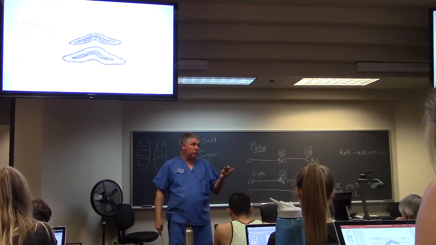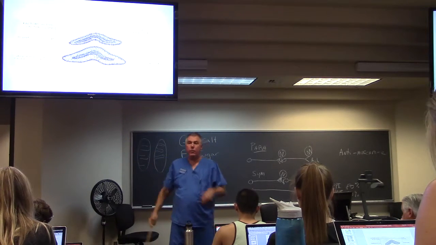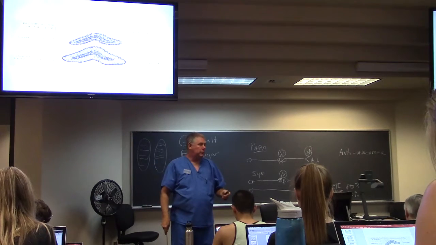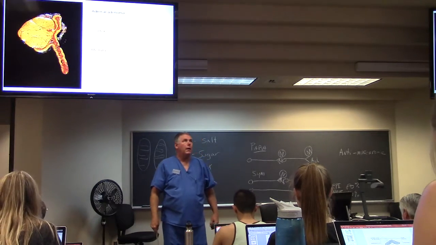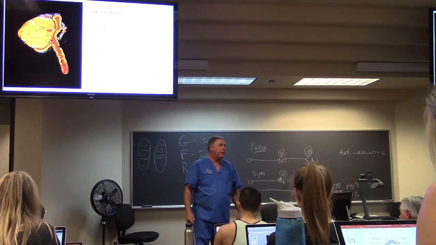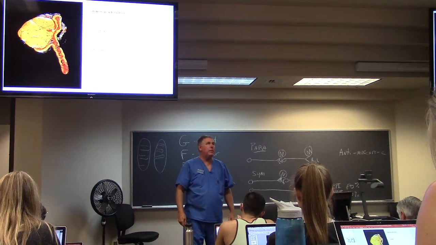Other things like stress will cause a transient hyperplasia. This is an adrenal adenoma. You see it's of the yellowish part, not of the reddish medulla.